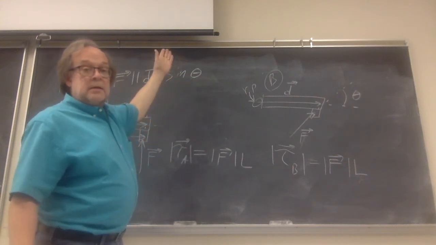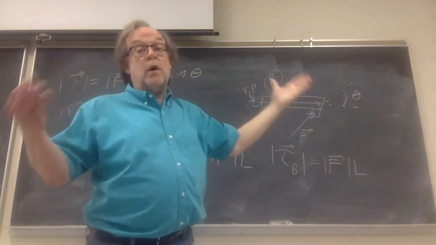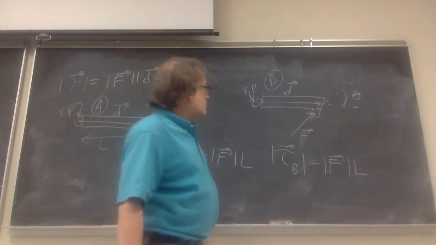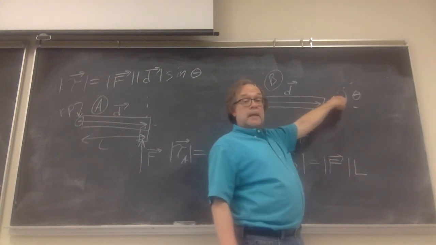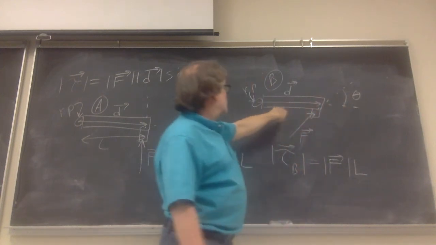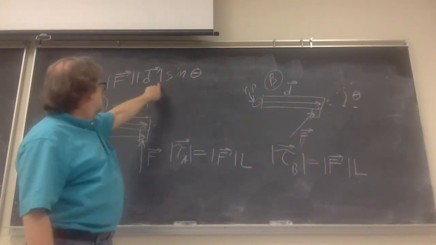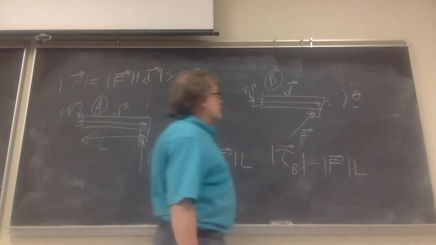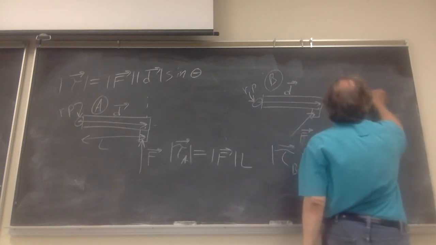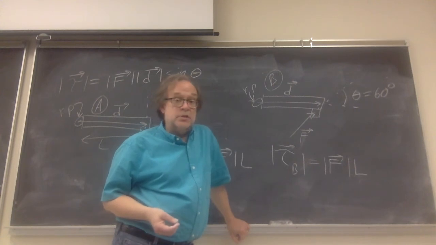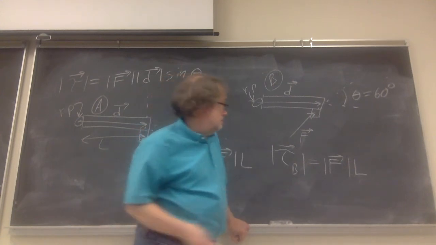But sine of 90 degrees, which is 1, is the maximum possible value for a sine or a cosine. So angles less than 90 degrees have sines less than 1. So the sine factor in this case is smaller than the sine factor in this case. Let's say, just to be specific, let's say this is 60 degrees. The sine of 60 degrees is about 0.87.